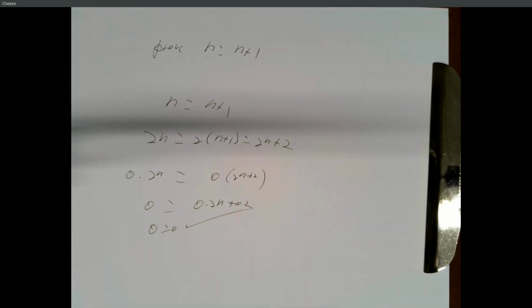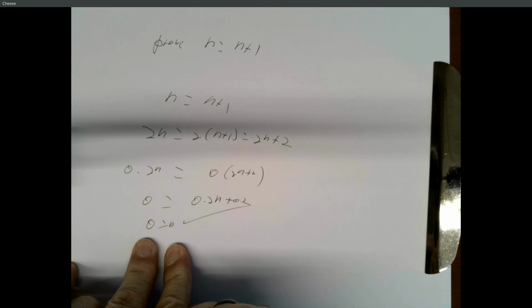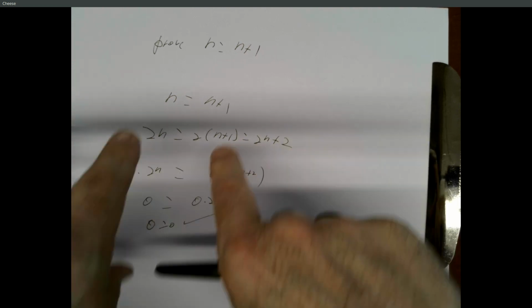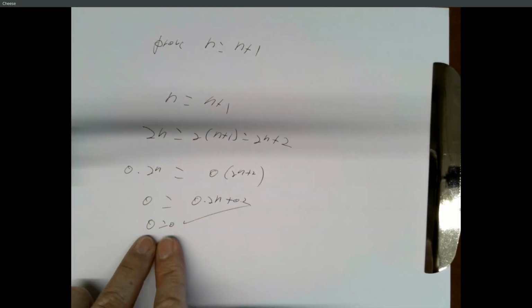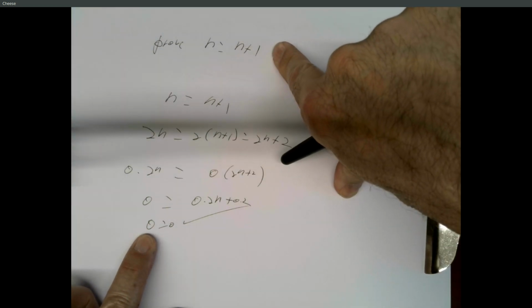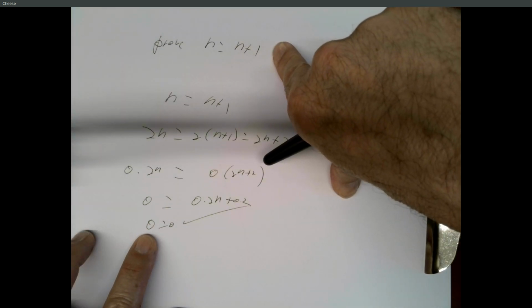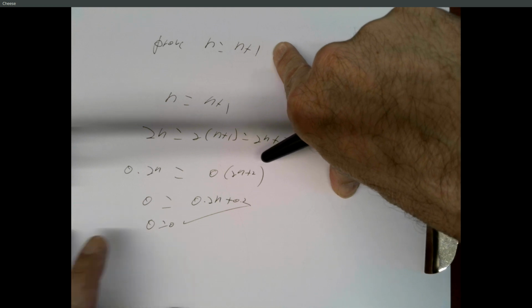That's true. I just proved n equals n plus 1. It's not a proof. Right? If n equals n plus 1, I've shown 0 equals 0. But that does not prove it. That's the converse, trying to say that since this is true, that's also true. And we know the converse doesn't always follow from the original.